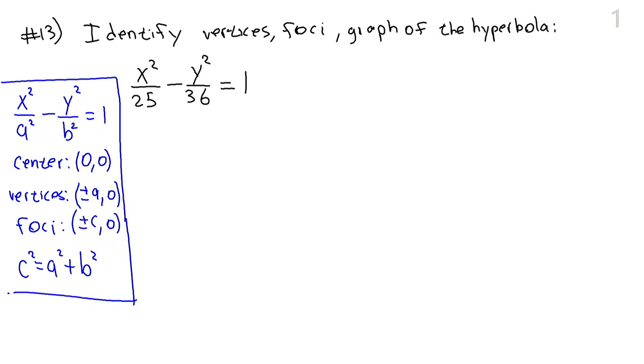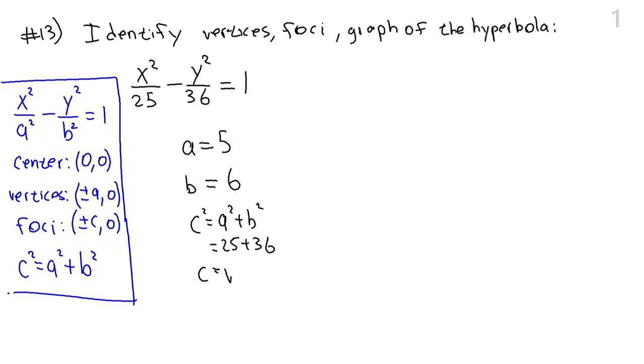So in our case, we first identify a is 5. It doesn't matter here which is bigger, a or b, we just look at where the minus sign is. And b is 6. So this means c squared is a squared plus b squared, which is 25 plus 36.